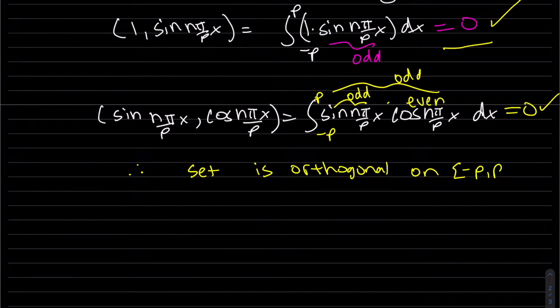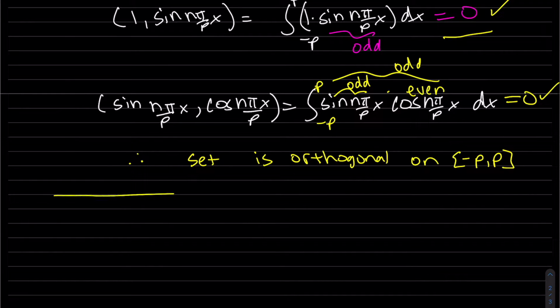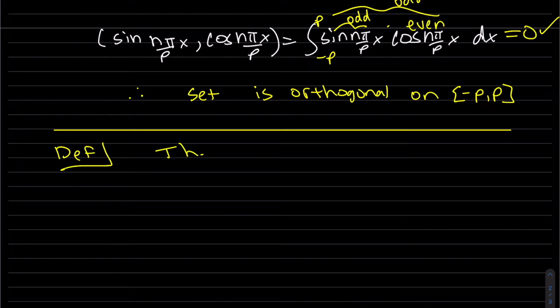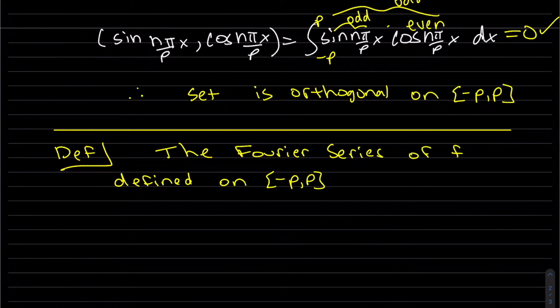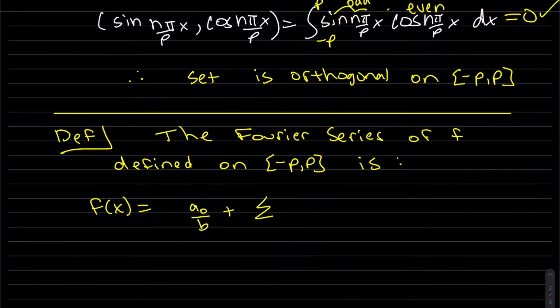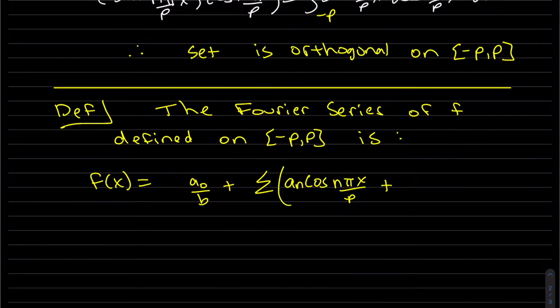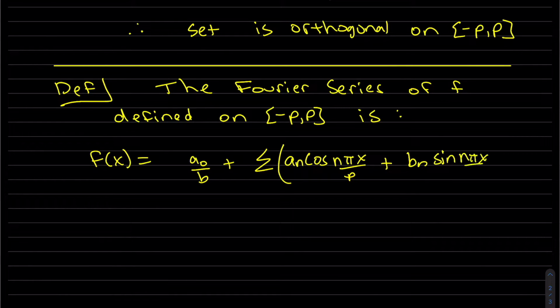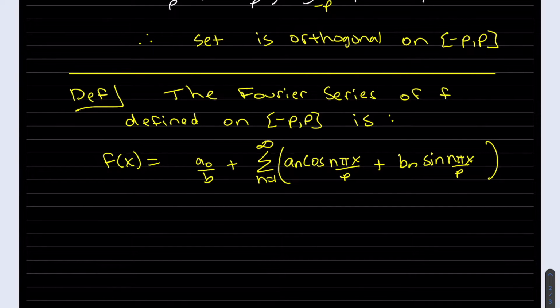On minus p to p. So here's our definition of the Fourier series. We can rewrite any function f of x as this sum. What this really is is what we did before. Since we have an orthonormal set, we have our bases, this, and 1.